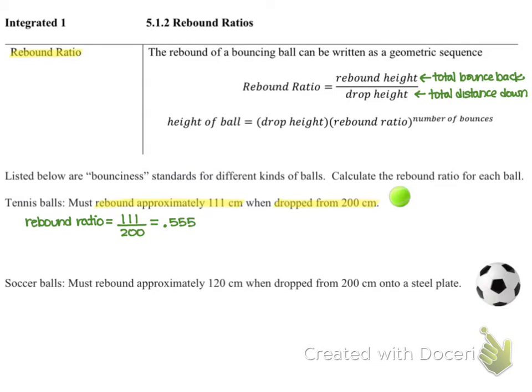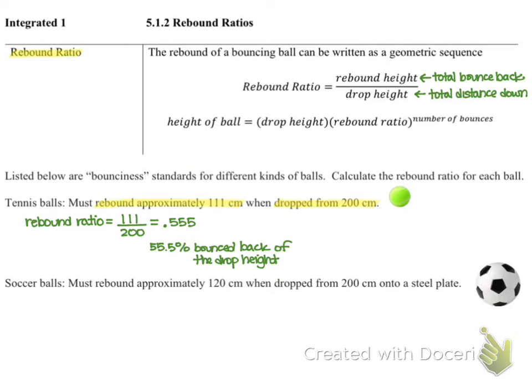So basically what we're saying is that a tennis ball bounces back 55.5% of its drop height. Now, the higher the ratio, the more bouncy the ball is. So let's keep that in mind.